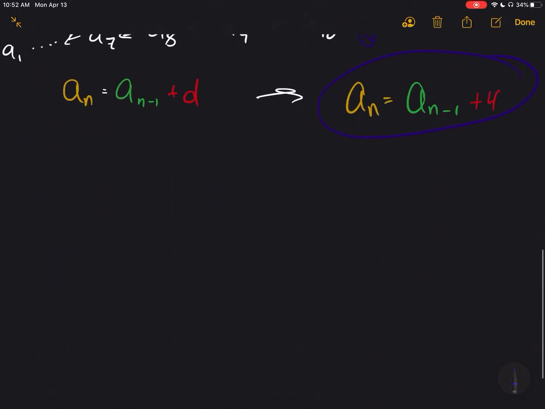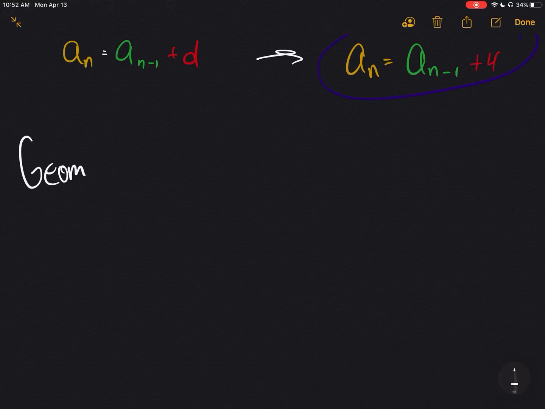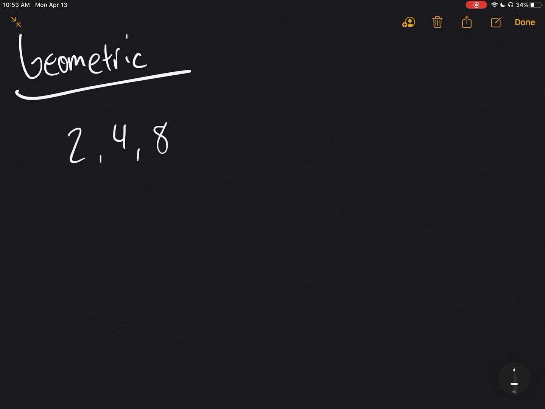Okay, so there's the overview. Let's look quickly at geometric sequences. The geometric sequence that we'll do, we'll make it pretty easy. Okay, so it'll be 2, 4, 8, 16, 32.